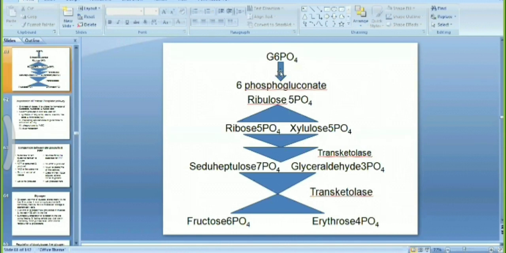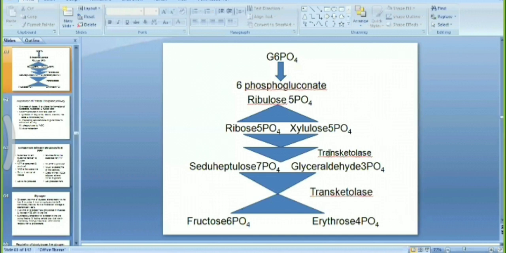This is the complete, more elaborate figure. Glucose 6-phosphate, 6-phosphogluconate, then ribulose 5-phosphate, 1 molecule of carbon dioxide is released. If there are 6 phosphogluconate, there will be 6 carbon dioxide. Then ultimately ribose 5-phosphate and xylulose 5-phosphate are produced, as we have seen in the previous figure.